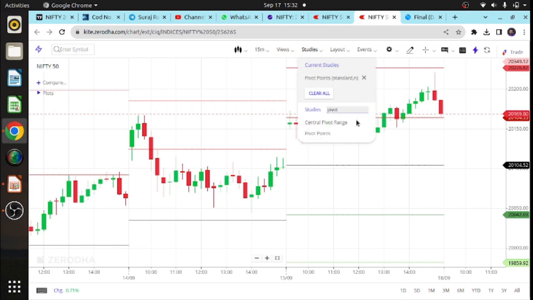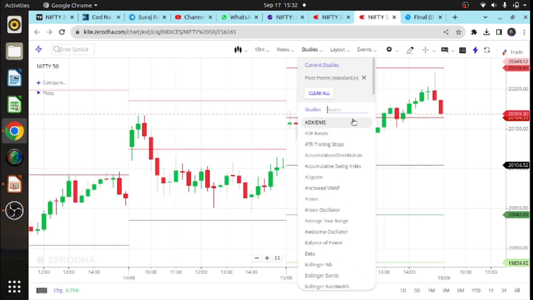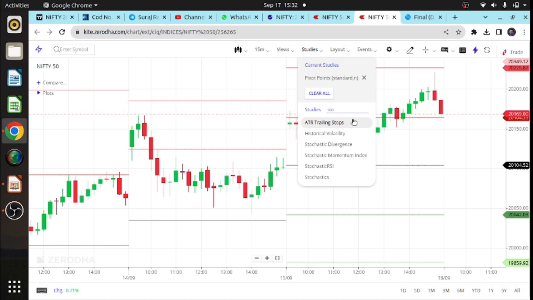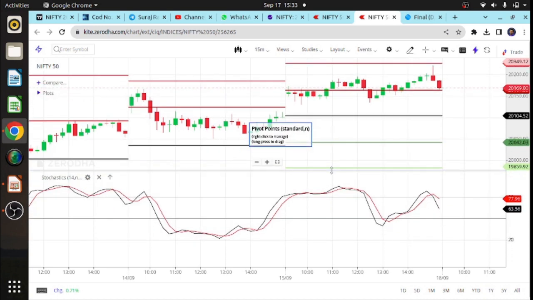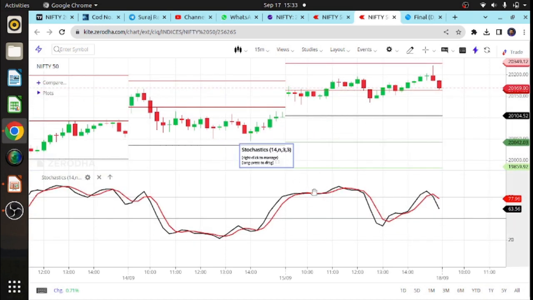Then again go to stochastic, and here you have the stochastic indicator. In stochastic, anything above 80 is the overbought zone and anything below 20 is the oversold zone.